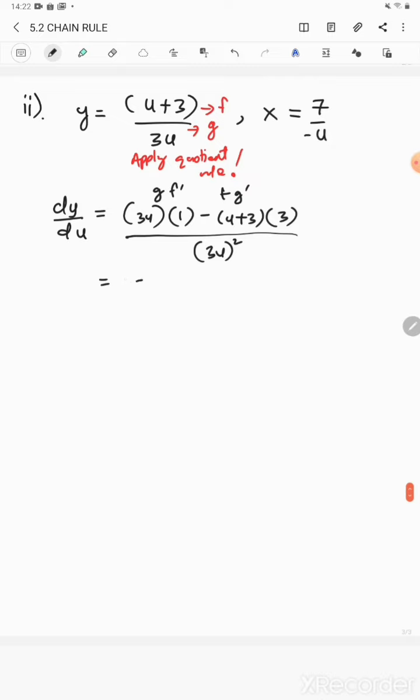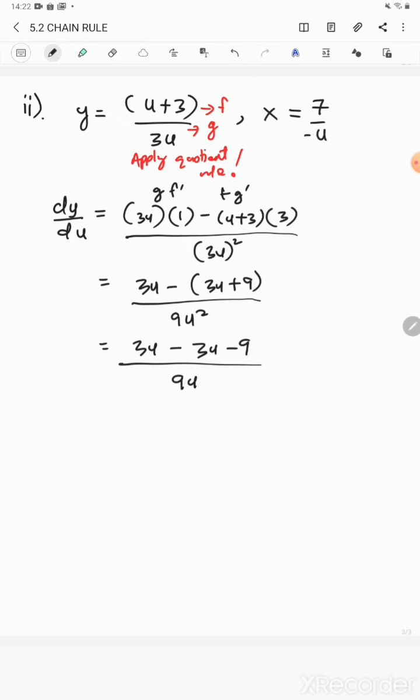Simplify this, what you get is 3u, remember to expand first, so we get 3u plus 9, divide by 9u square. Simplify, 3u minus 3u minus 9 over 9u square.